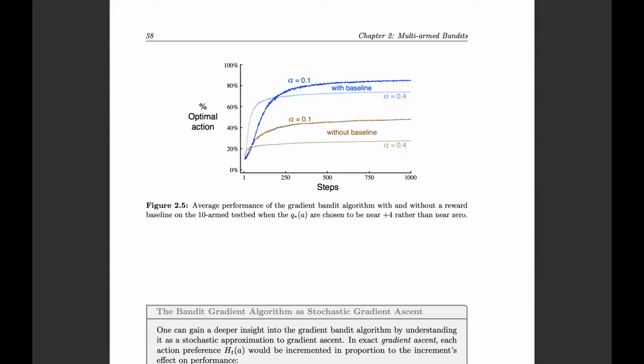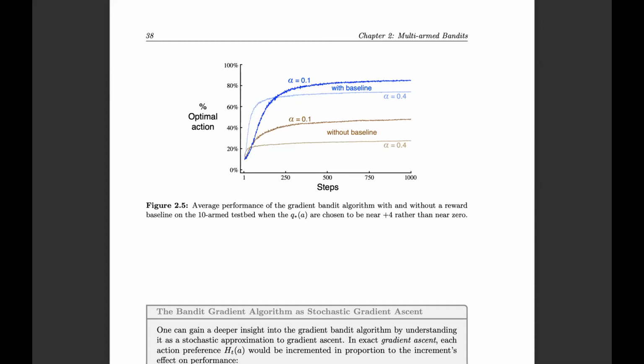I think this is not a correct interpretation. So he says that the initial values are with mean 4 rather than 0, right? Without baseline in both cases means that our R bar would be 0, and with baseline means that we will use the average reward up to this step as baseline.